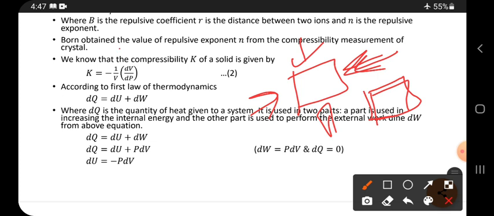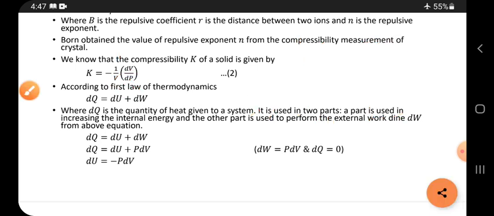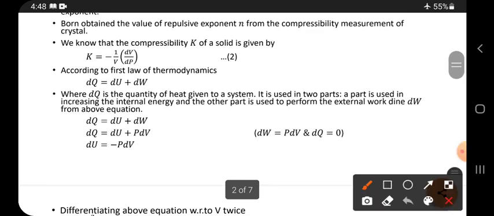K is equal to minus 1 by v into dv by dp. P is nothing but pressure, that is force acting per unit area. If you apply the normal force on a unit area, that is simply pressure. So it is the change in volume by change in pressure, into minus 1 by v.